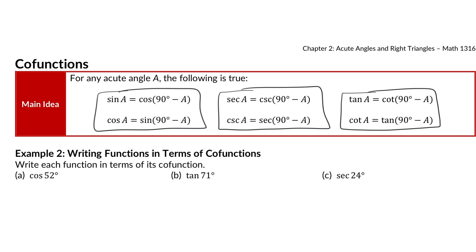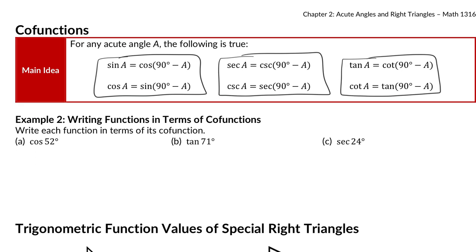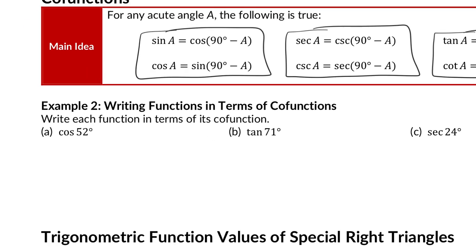So we can write functions in terms of their cofunction by recognizing that they're just complements of each other. If we're going to write each of the functions in terms of its cofunction, first thing is to remember which one it's a cofunction with. So cosine goes with which one as a cofunction? Sine. So the things that I would know is the following equation.